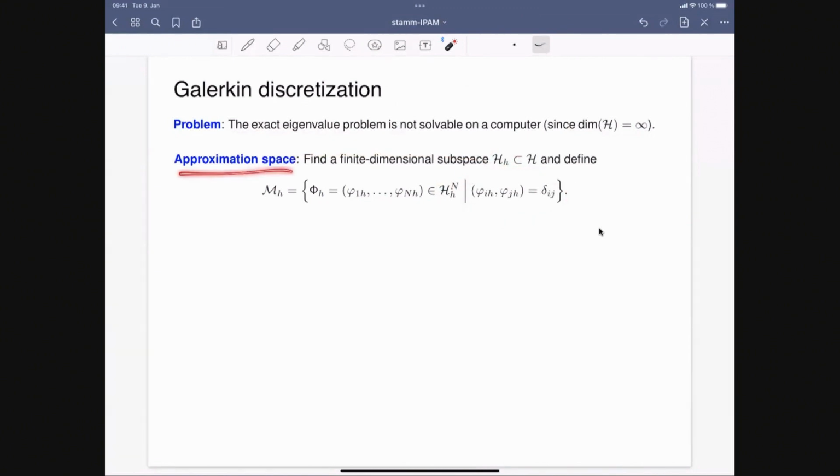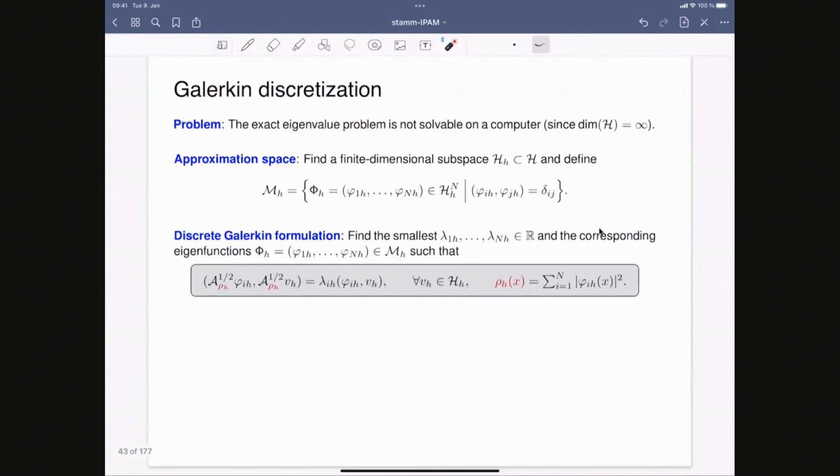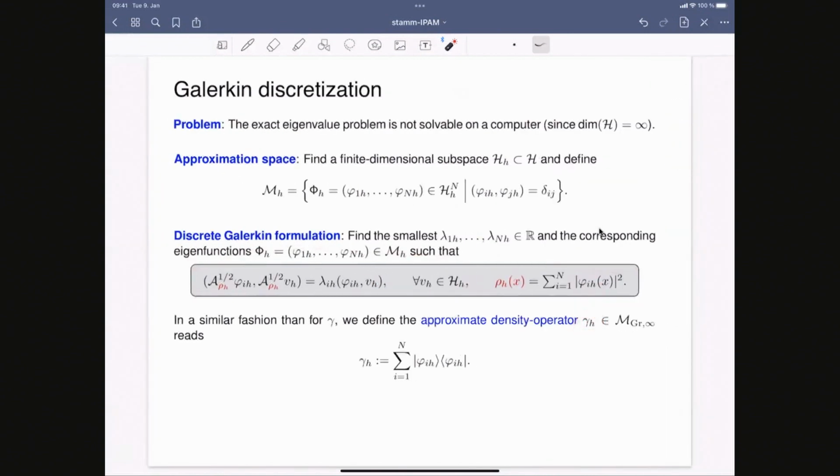This is now the approximation space, and you can do the same business as before to find the first order optimality condition, and derive the analogon weak form of the eigenvalue problem, where now we have a nonlinear rho_h built on the discrete orbitals. That's the same way, and in the same way you can also define an approximate density operator through this bracket notation.